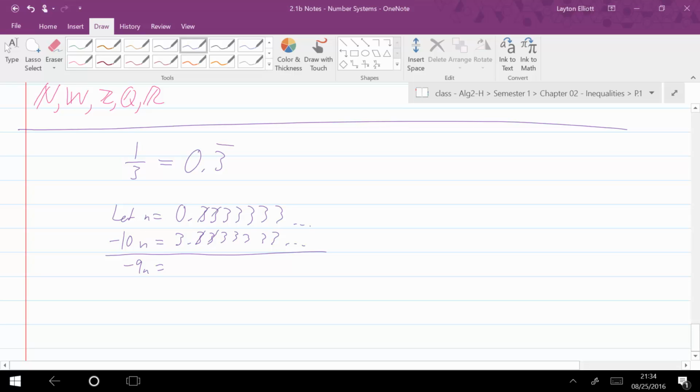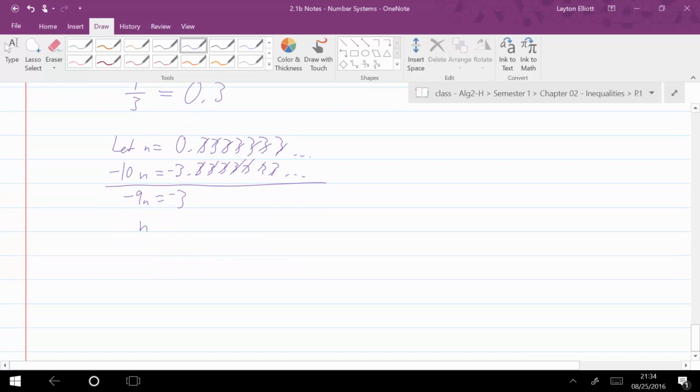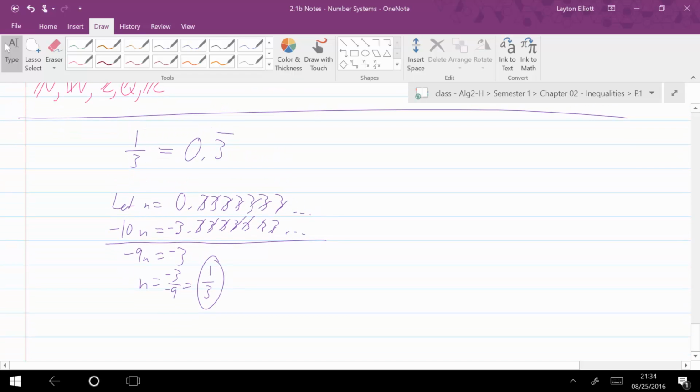This would cancel, this would cancel, this would go, that would go, and so I would get negative 3. That means n is equal to negative 3 over negative 9, which is 1/3. This is showing me that n equal to 0.3 repeating is the same as n equals 1/3. This is one way to show you that.